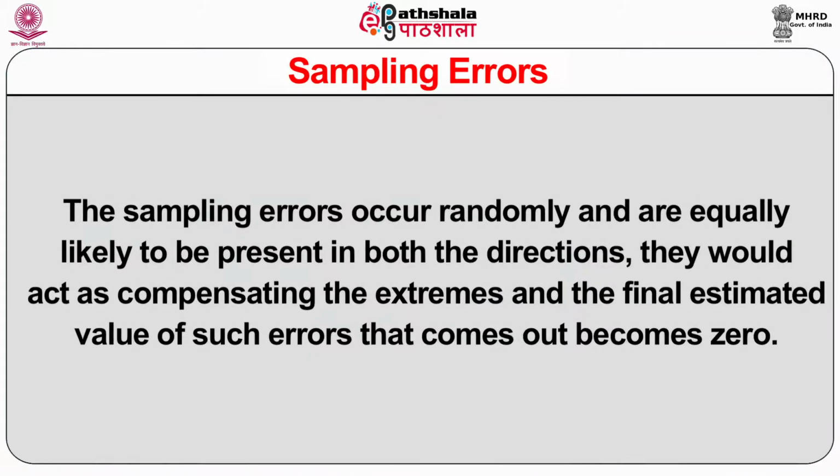The sampling errors occur randomly and are equally likely to be present in both directions. They would act as compensating the extremes, and the final estimated value of such errors comes out to be 0. Chances of sampling errors are directly proportionate to the sample size.